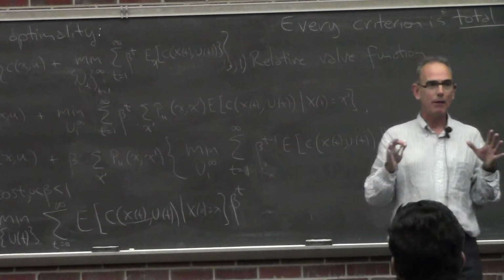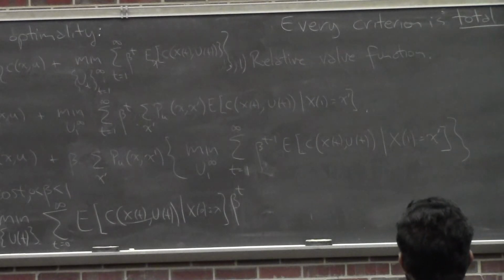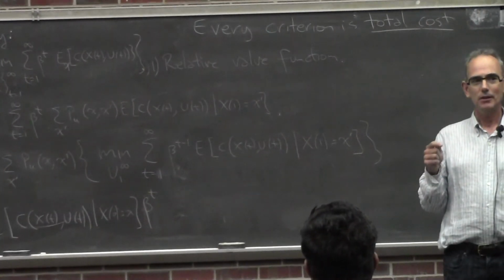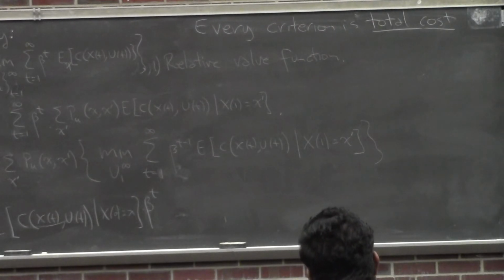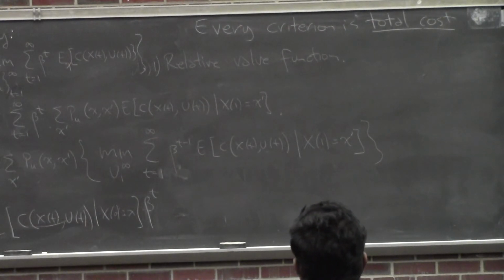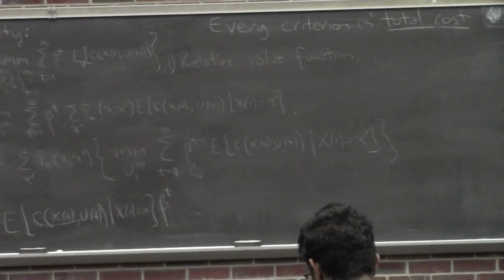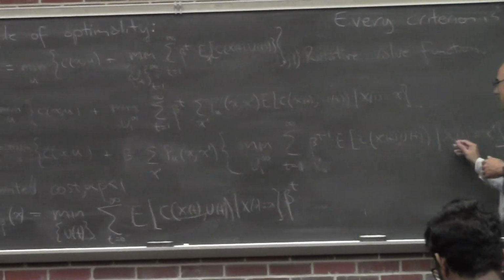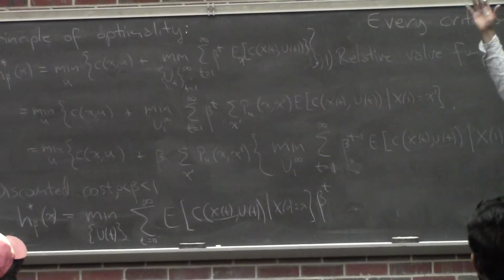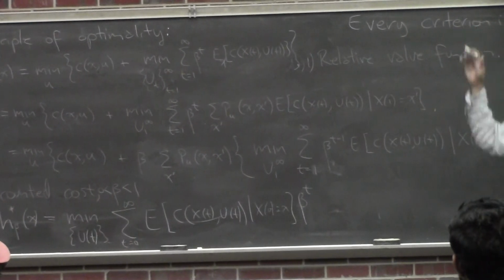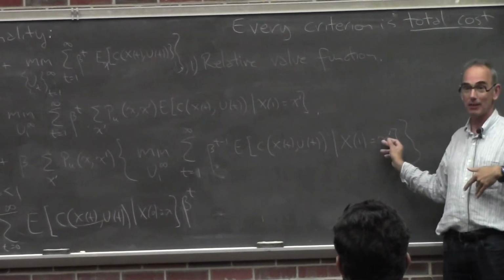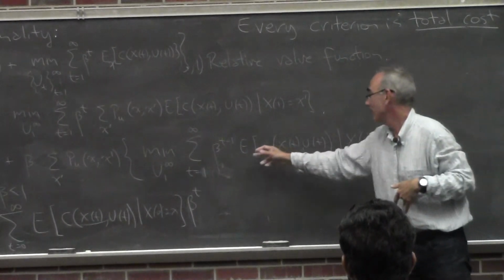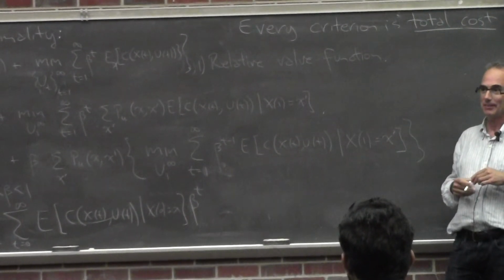And remember about this time homogeneity: basically, the dynamics don't change with time. So if I start at time 1 and look at the total cost to go from x prime, it's the same as starting from 0 at the same state x prime. So what is this monster minimum?